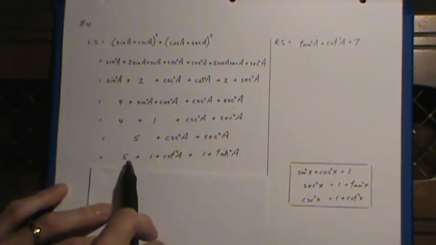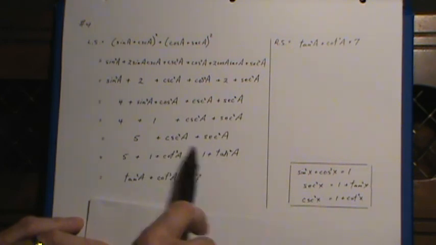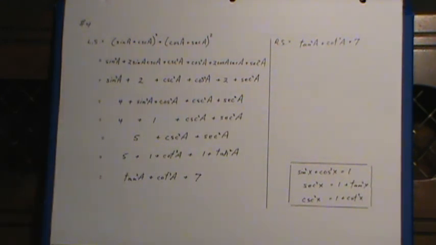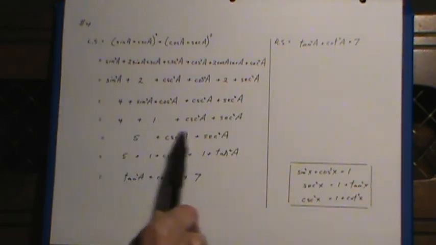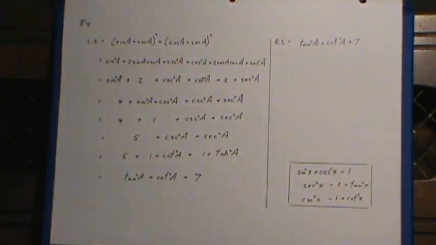And that's where we get the 7, the 1 plus 1 and the 5. So there are times, I must admit, that knowing these other two are an advantage. If I didn't know those, going from here to there would have taken me a lot more work.